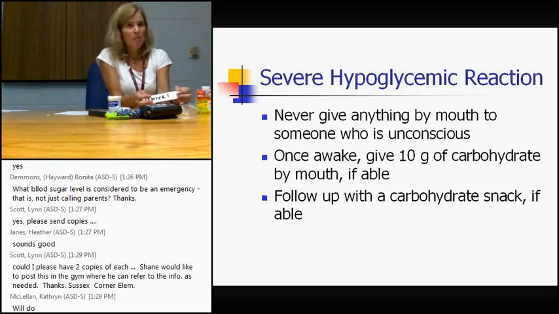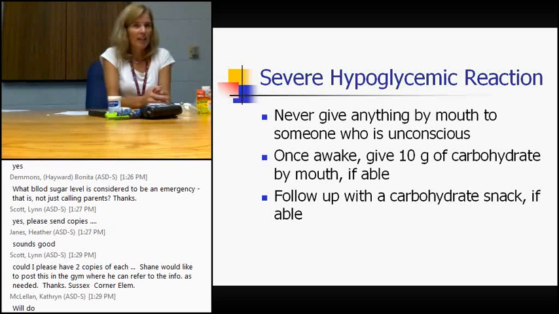You're not going to give anything by mouth to someone who's unconscious. Once the child wakes up, you're going to give 10 to 15 grams of carbohydrate by mouth, if able. And then follow up with a carbohydrate snack if they're able to.